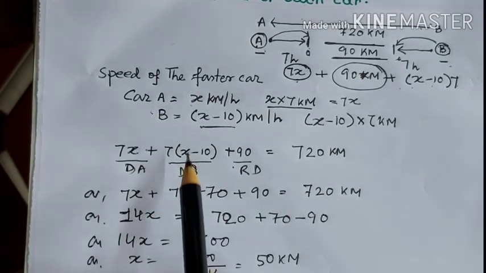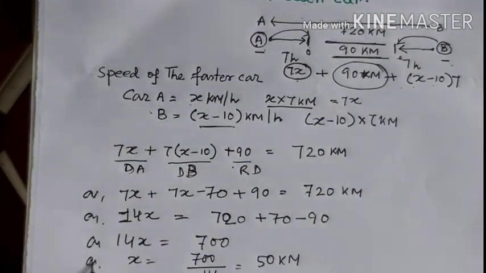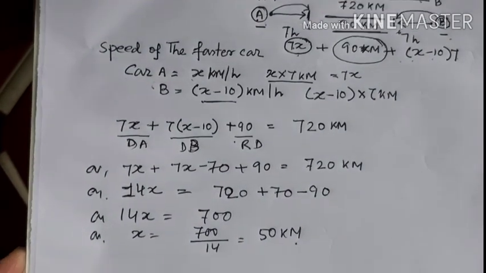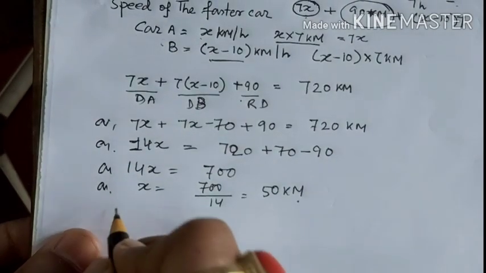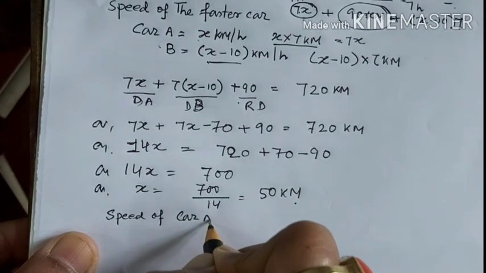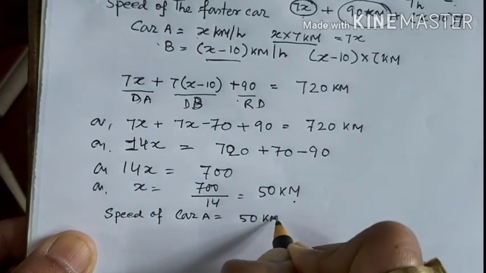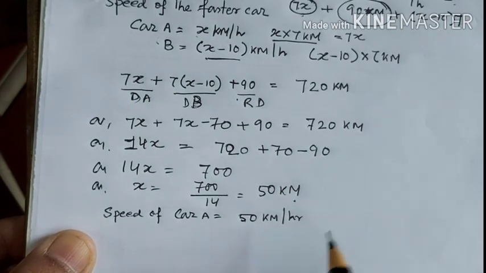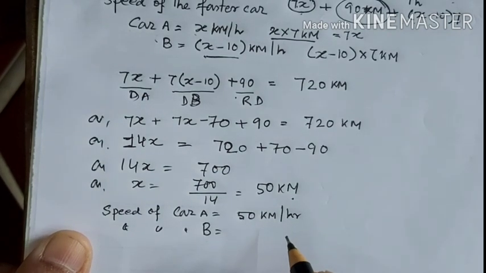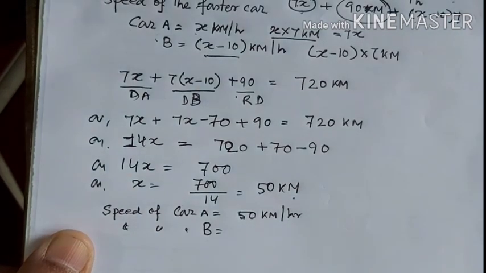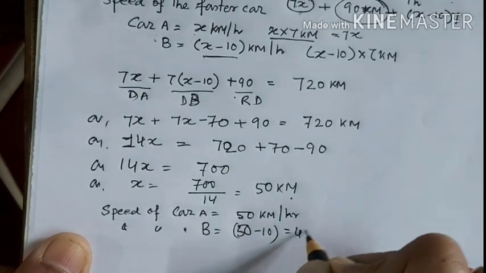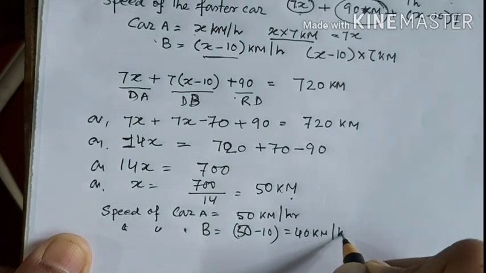What we assumed earlier, the speed of car A is x km. So the speed of car A becomes 50 km per hour. The speed of car B is 10 km less, so 50 minus 10 is equal to 40 km per hour.